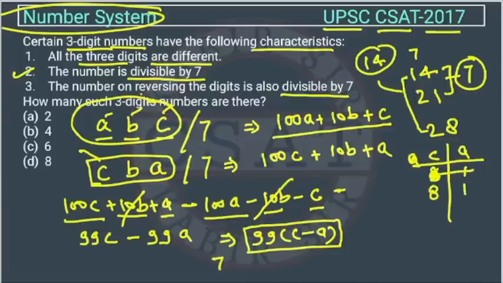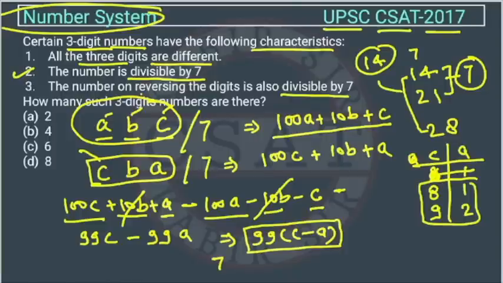Then the difference is 7, so it will become divisible by 7. And the other possible value: if we take 9, then the value of A can be 2. 9 minus 2 will be 7, right? So can there be any other possible value? No, because these are single digits. So C can be 1 to 9 and A also can be 1 to 9, but we need their difference to be 7. So there are only 2 such possible values, right?